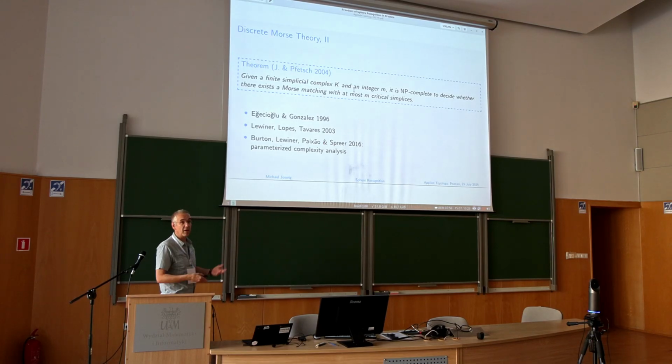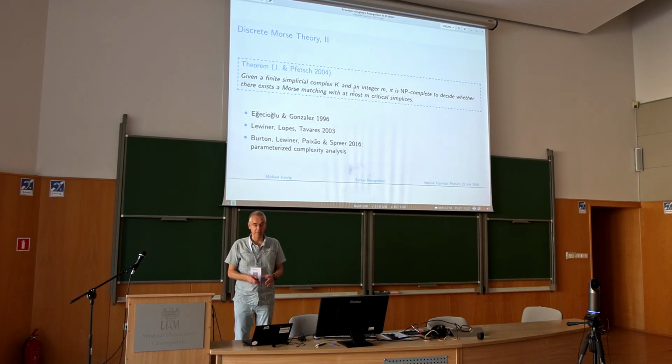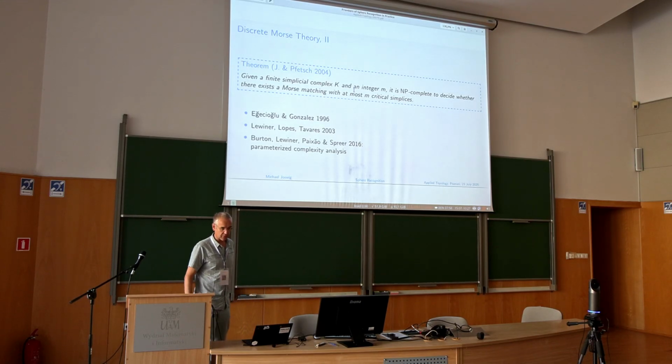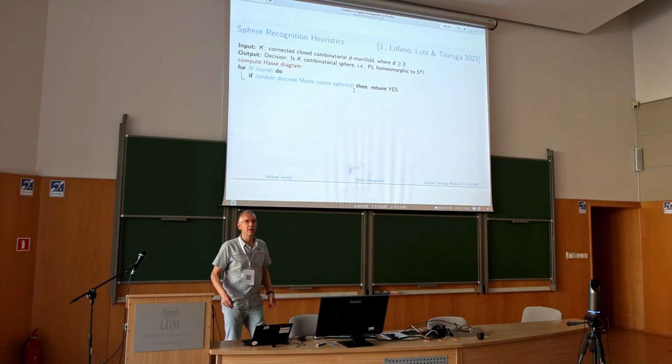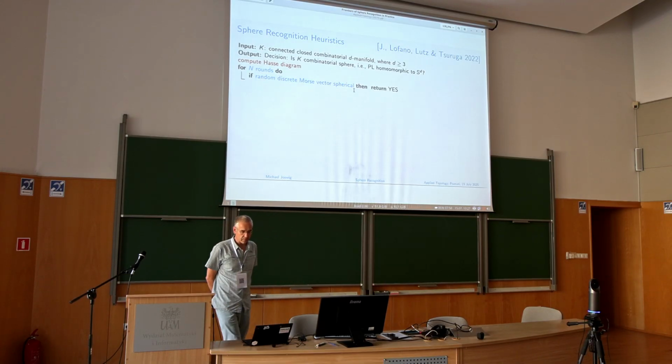In the world of parametrized complexity, Burton, Lewiner, Paixão, and Spreer gave a very interesting interpretation of what is going on here and proved a stronger result than what we had. Okay, so this is discrete Morse theory, and now I can tell you a little bit how our heuristic works.